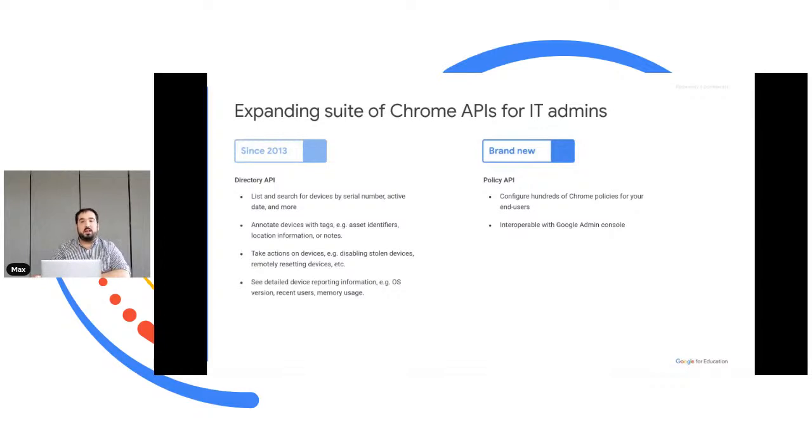These two APIs work hand in hand, and using them, you'll be able to automate all of the core management features for Chrome. And there are tons of great tools out there, by the way, that use these APIs to make things really simple. There's a very popular open source tool called GAM that allows you to run scripts from the command line. There are a variety of tools that take advantage of these APIs and make things really simple for you to use.